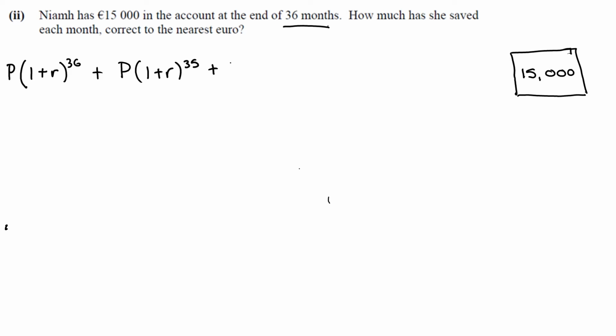And then the next month she puts in a certain amount, and it's 1 plus r to the power of 34, plus, and then plus P times 1 plus r to the power of 1. And when they're all added together, it should give you that 15,000. So it's really important that I would always start with, where is that lump sum? Is it beforehand? So are we talking about bringing it backwards?